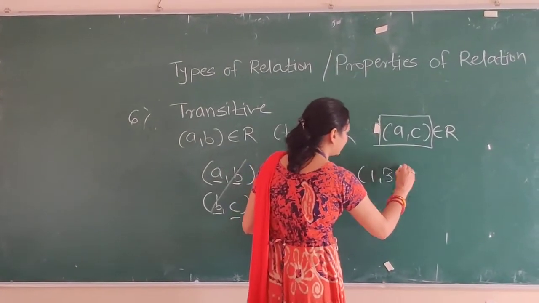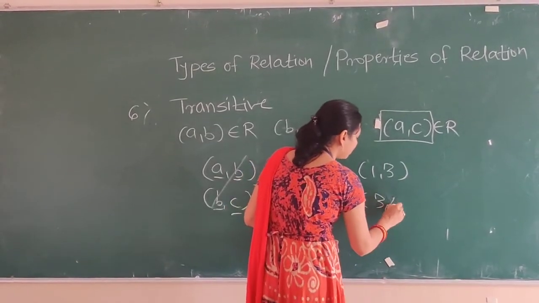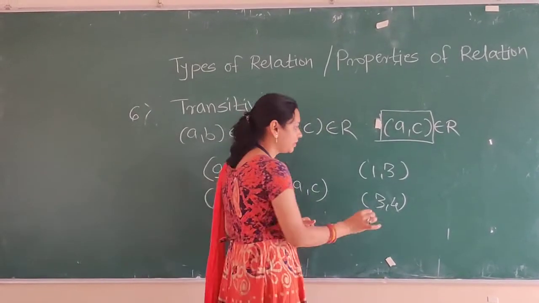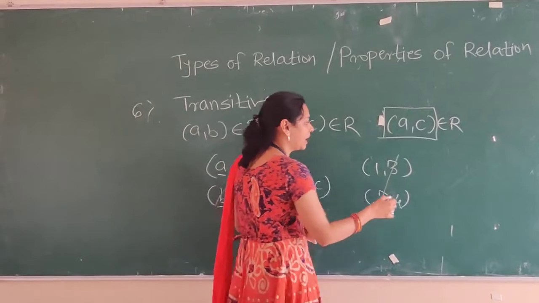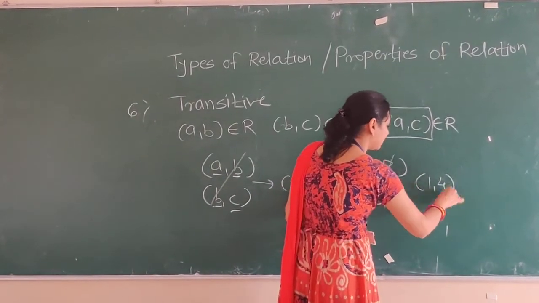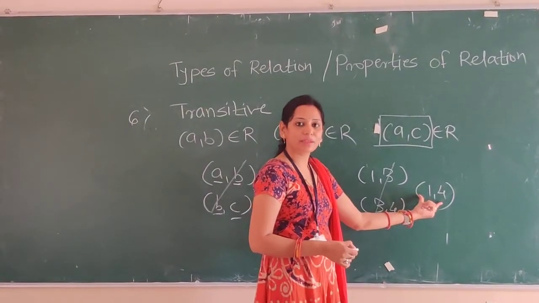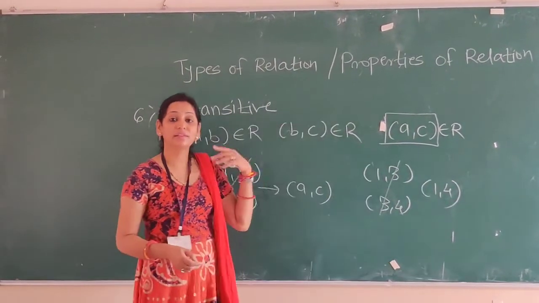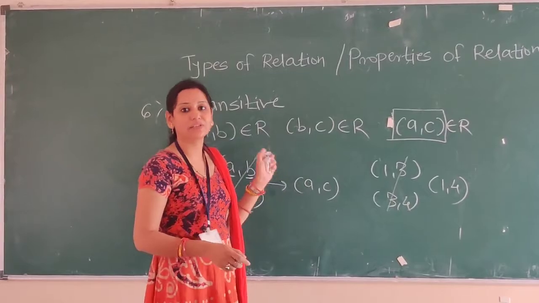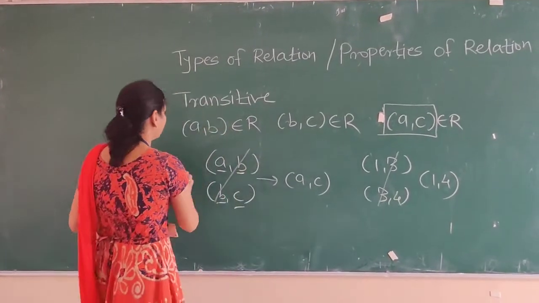Suppose we have (1,3) and (3,4). What will we do? We will discard the same term and prepare a new transitive term, that is (1,4). So when this (1,4) is present, at that time we will say that the transitive term is present, and it satisfies the transitive property.